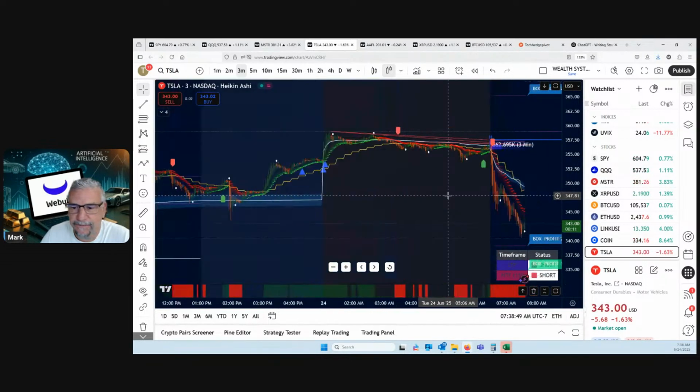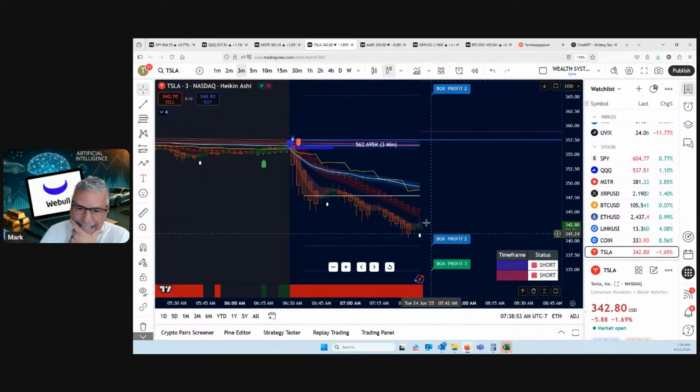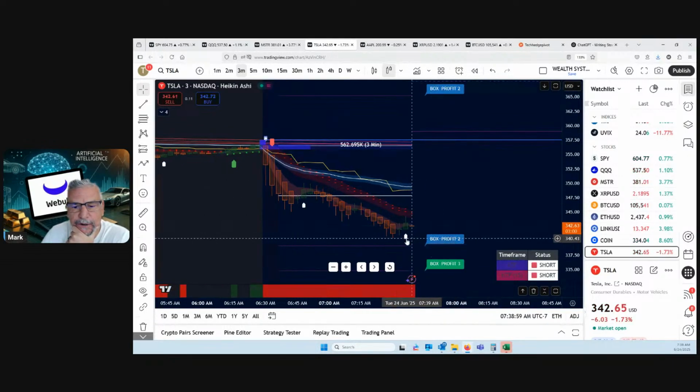Gosh, very, very interesting to say the least, because if this shows some positive momentum, it potentially can be a reversal. What we're looking for here is a green dot. We're looking for this red cloud to turn green.